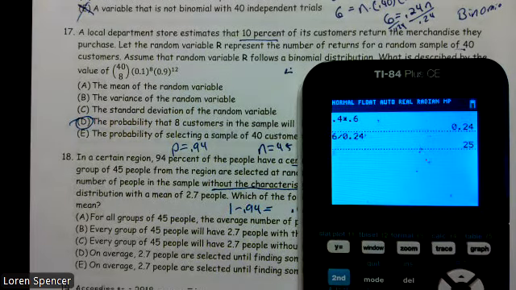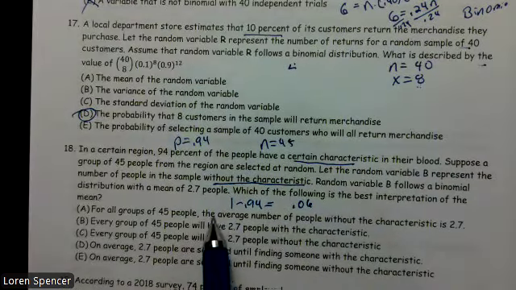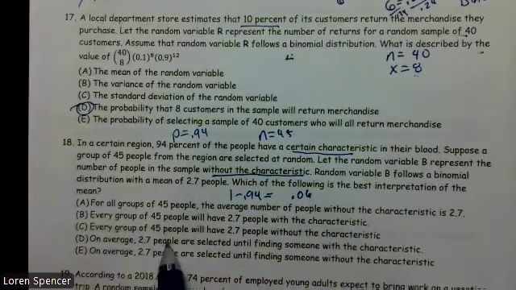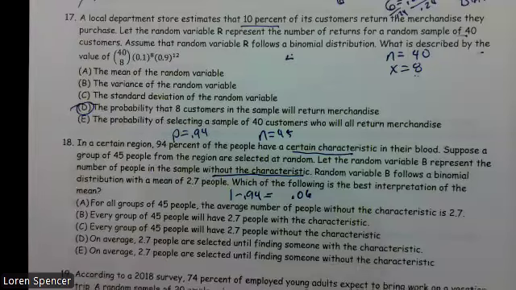And if I go 0.06 times 45, I get 2.7, which is what their value is. So that means if we did this over and over again for groups of size 45, we'd expect there to be on average 2.7 without this characteristic. All right.